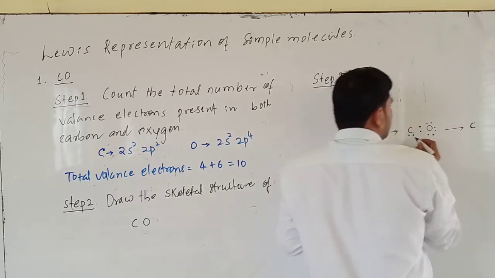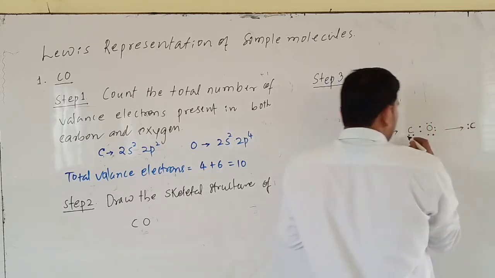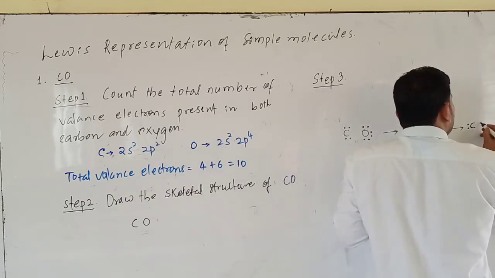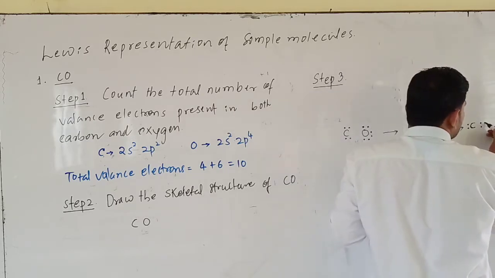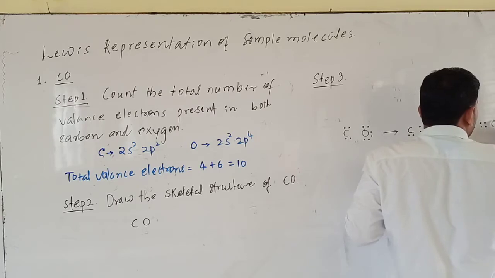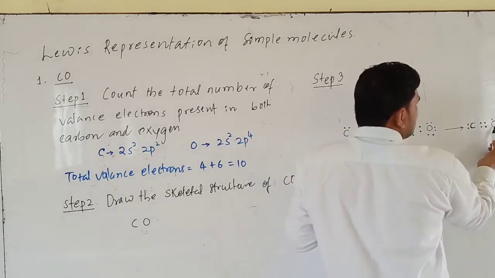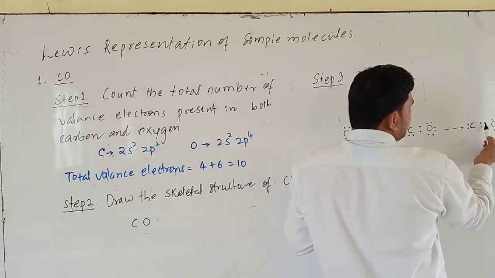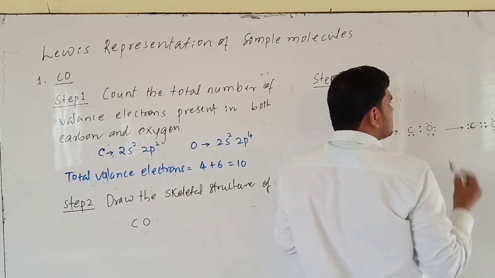I will place these 2 electrons over here. Already 2 electrons are there. If you try to place 2 more electrons, oxygen contains how many now? Only 2 lone pairs. Oxygen has the octet, 4 plus 4 is 8, whereas carbon has 2 plus 4, only 6.